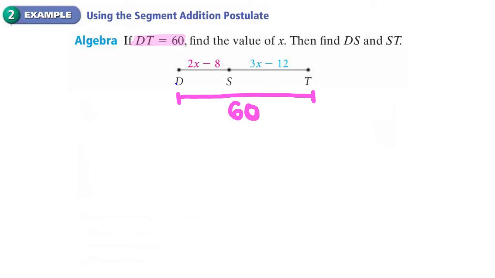Now, if I want to solve for x, I'm going to apply my segment addition postulate again. The first little segment is DS, which has a value of 2x minus 8.